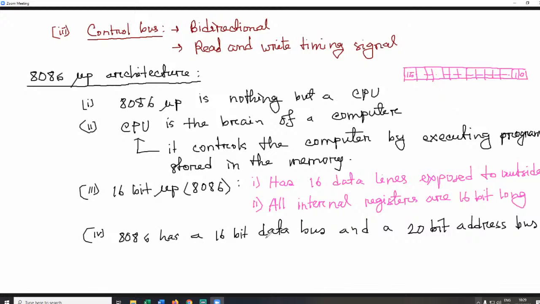Now how much internal memory does the 8086 have? It has a 20-bit address bus.